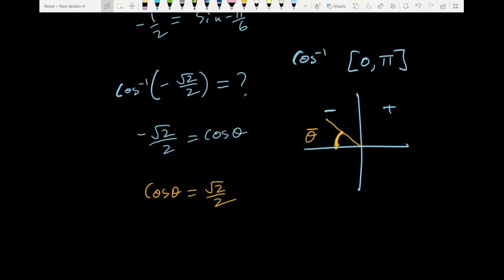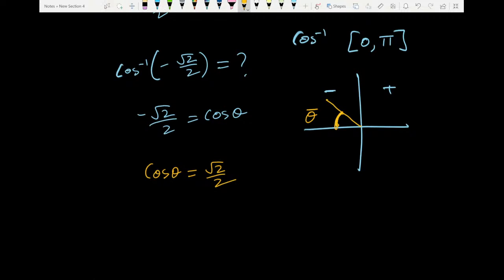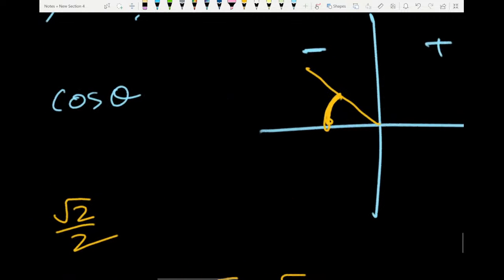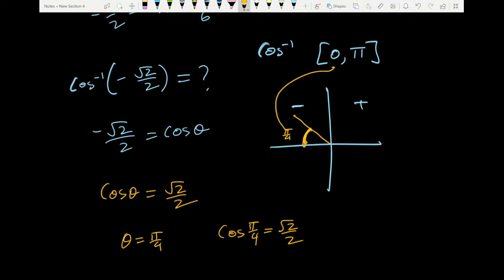Just a reference angle. Using that table, we discovered that theta equals pi over 4 gives you cosine of theta equals root 2 over 2. So that's the reference angle. But is that my appropriate answer? No, it's not, because it's 0 to pi.